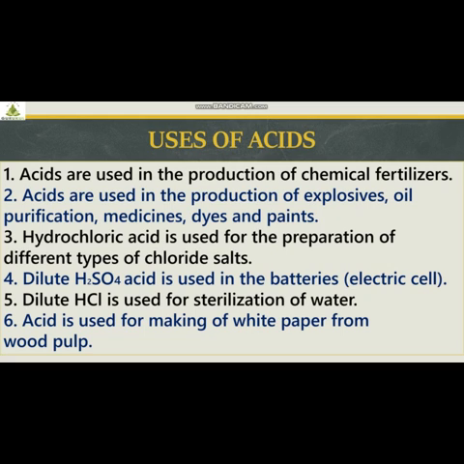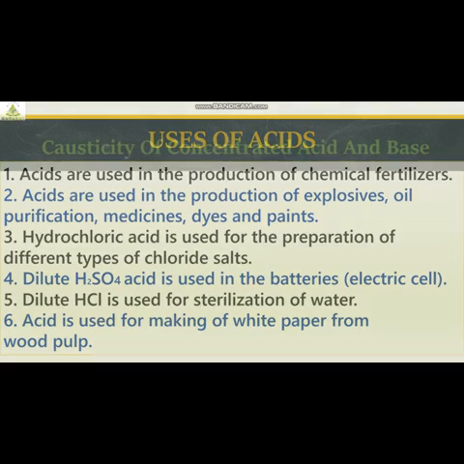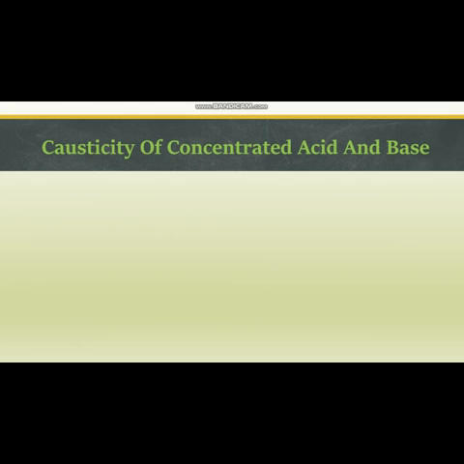Now coming to sixth point, acid is used for making white paper from wood pulp. So in white paper making from wood pulp, acid is used. Can you see so many places acids are being used? Concentrated form, dilute form, all forms of acids are used here. Now next, let us see the property of causticity of concentrated acid and base.